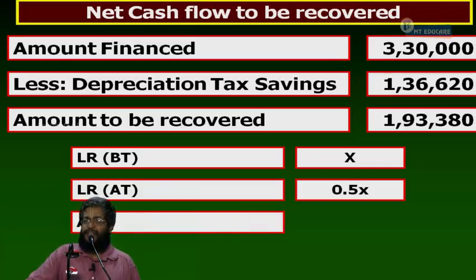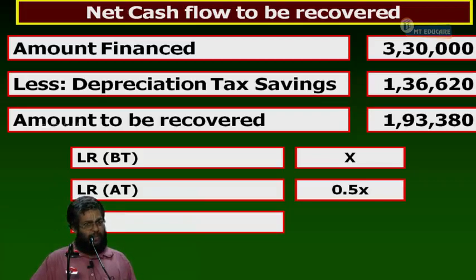Discounted lease rental after tax is equal to lease rental after tax into annuity factor 8%, 5 years. Am I right or not?